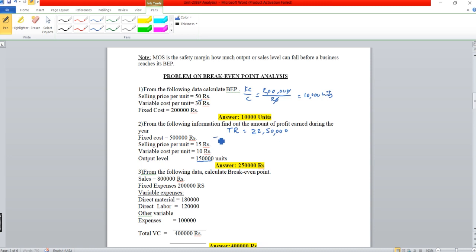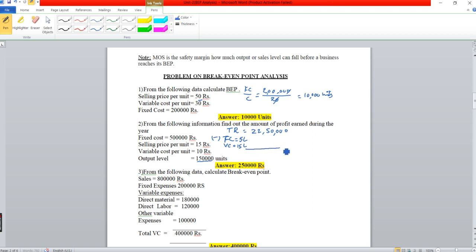where we need to subtract the total cost. First we have the fixed cost in this sum, 5 lakhs. This is the fixed cost, and variable cost is given as 10 rupees per unit. 10 into total output, 1,50,000 into 10, 15 lakhs.